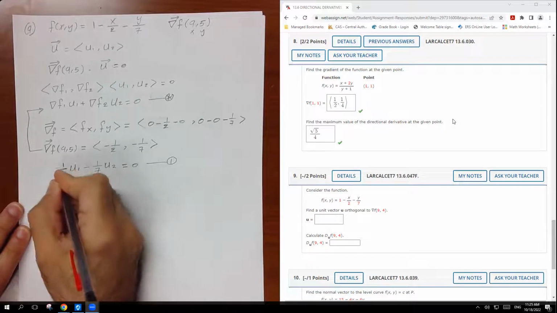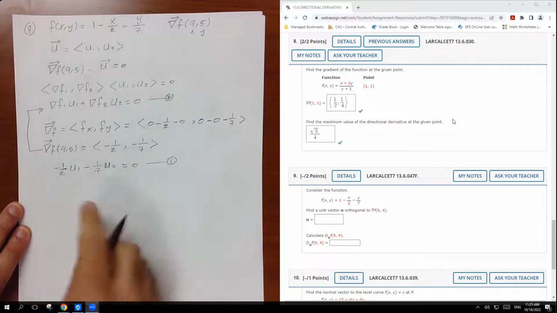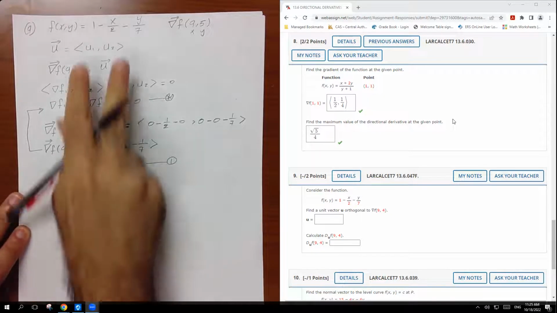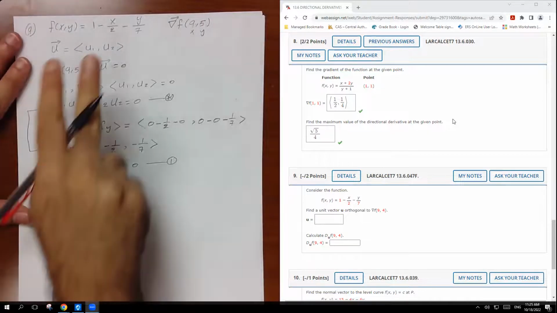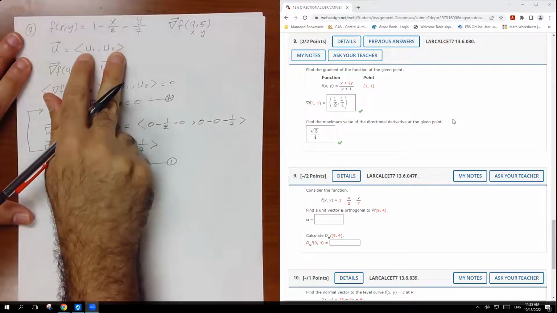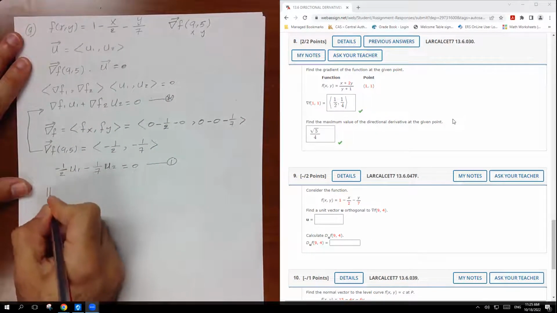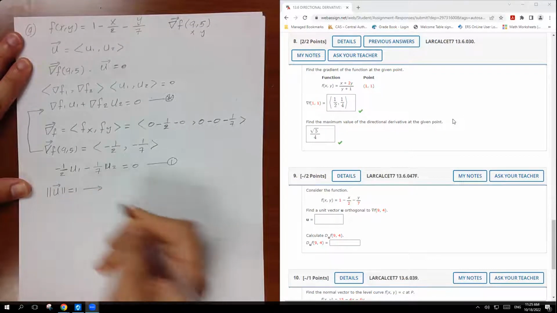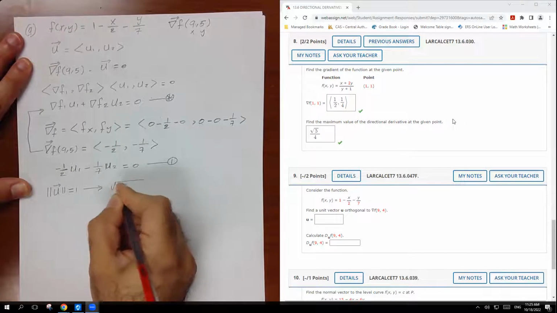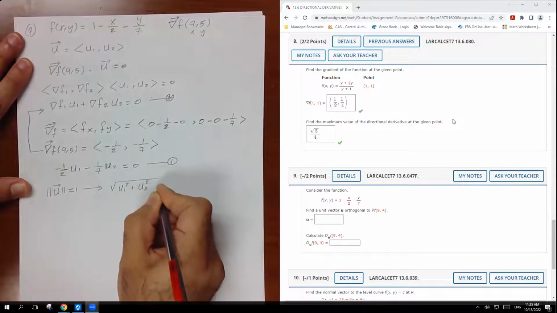Now how are we going to get the second one? Because our goal is to find the unit vector. That means I need to find u1 and u2, the components for this new vector. It's a unit vector, which means its length equals 1. So the square root of u1 squared plus u2 squared equals 1.